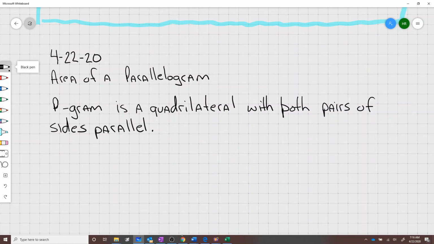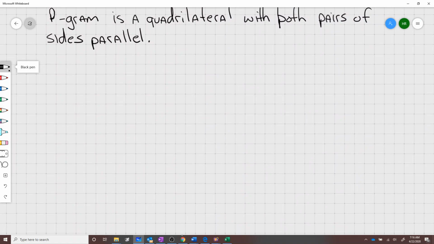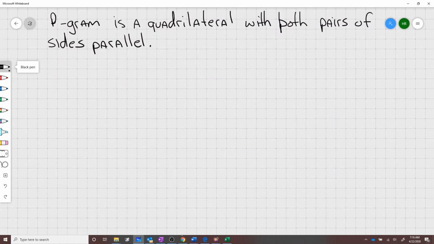And let's get a little picture going here. So we've got, and remember, these little red arrows on the sides means that the top is parallel to the bottom and the left side is parallel to the right side.